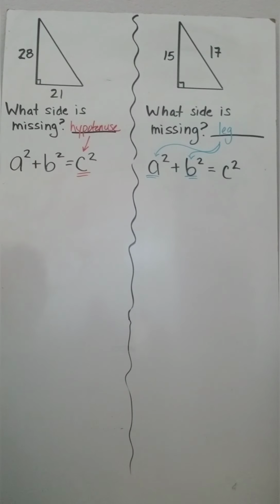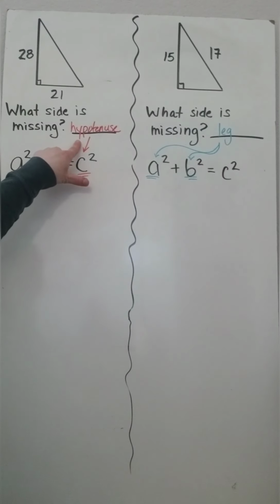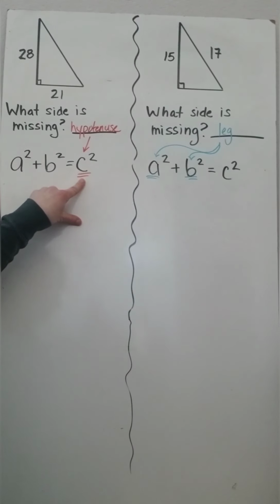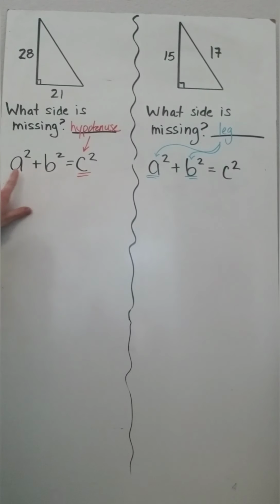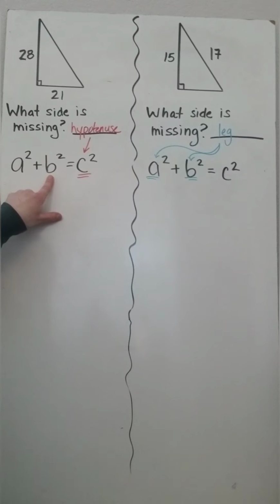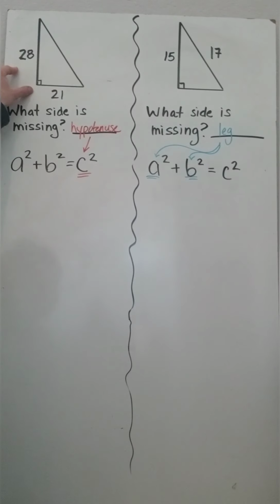Now let me show you how to solve these problems step by step. So on our first example, we're trying to find C. That means that variable is going to stay there because that's the value we're trying to find. So I'm going to find values to substitute in for A and in for B. That's going to be our two leg lengths that were provided.